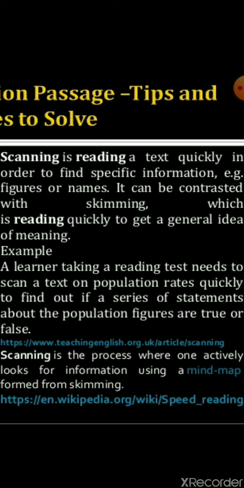Scanning is the process where one actively looks for information using a mind map formed from skimming. Skimming will make a ground for your next level, and scanning will make the pillars on the ground zero. You can say that skimming is the ground zero reading section.